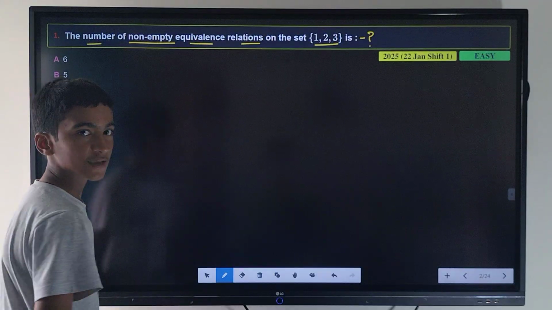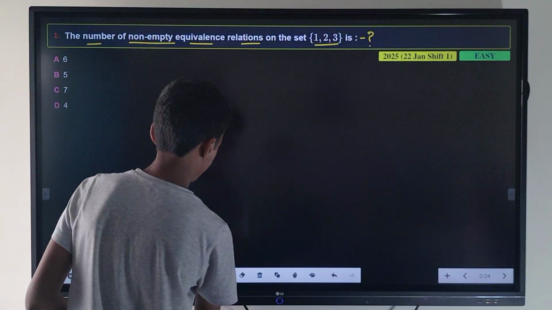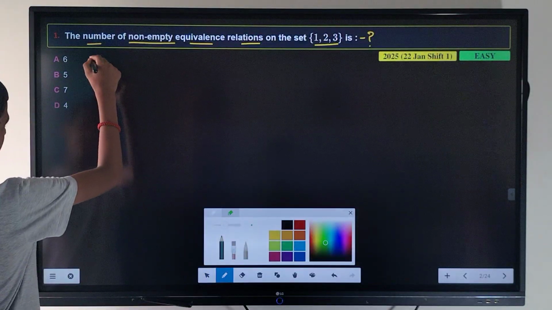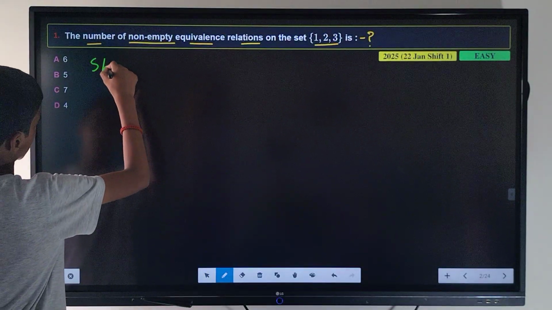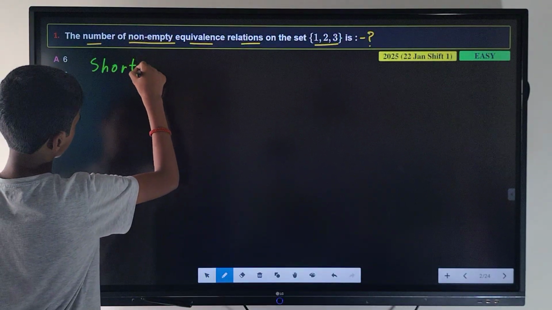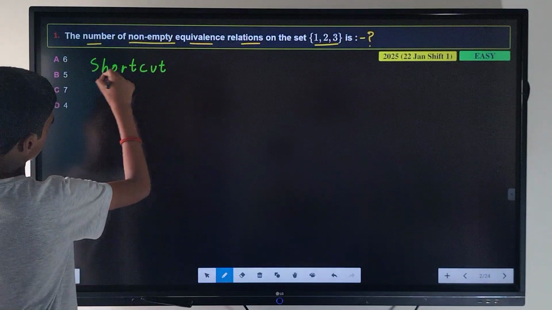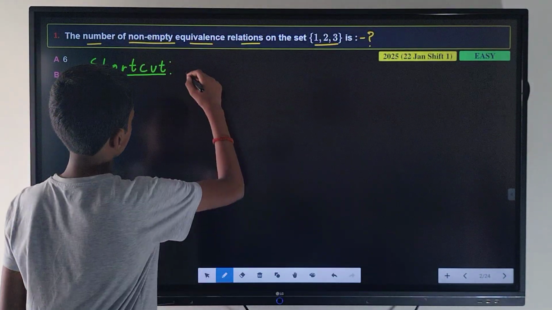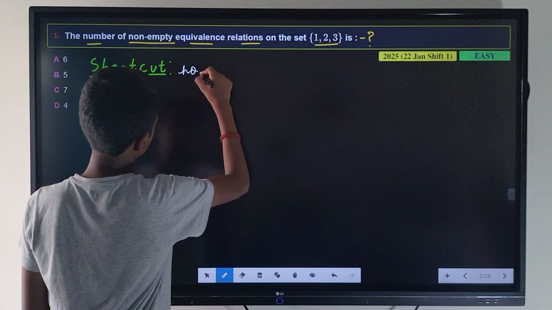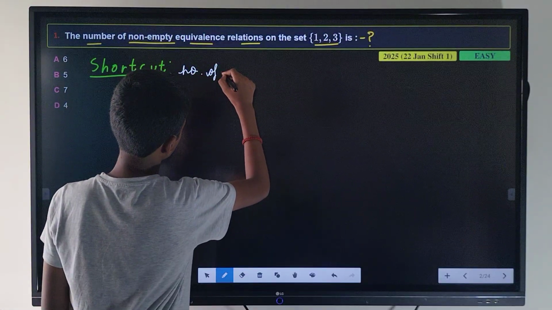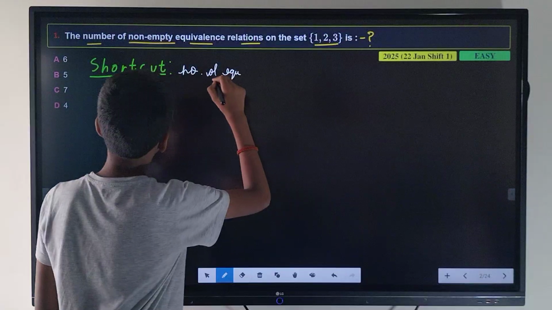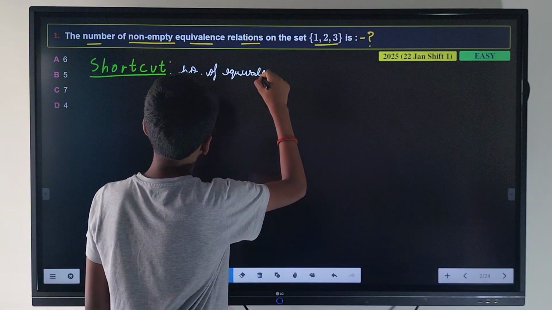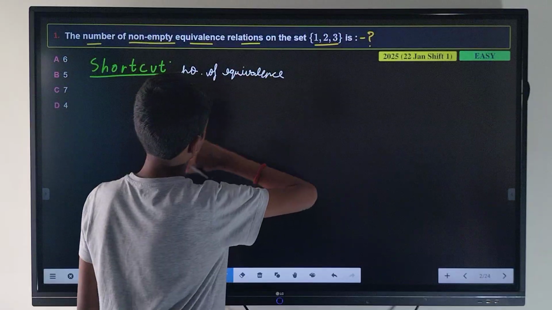Now to solve these types of questions, we have a shortcut, where we are given a set and asked the number of equivalence relations.